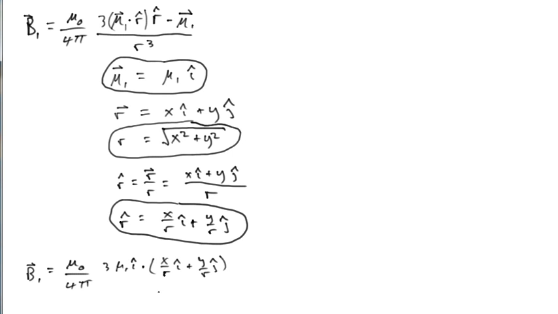And then once I do that dot product, it gives me a scalar, and it's multiplying the vector r hat. Then minus mu1 times i hat. And all of that is being divided by R cubed.